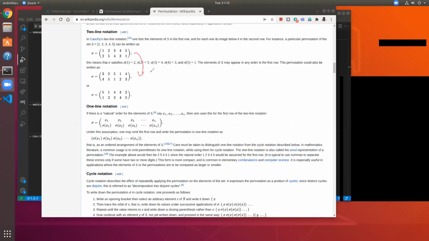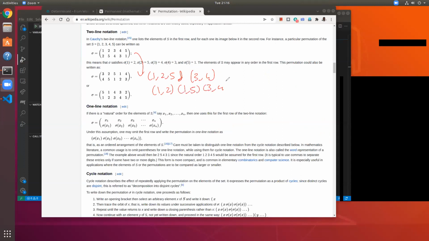Now let's take this one. 1 maps to 2, 2 maps to 5, 5 maps to 1. So we write it as (1 2 5), and then we start with 3: 3 goes to 4, 4 goes to 3. So this is a product of 2 cycles, but the first one we rewrite as (1 2)(1 5).